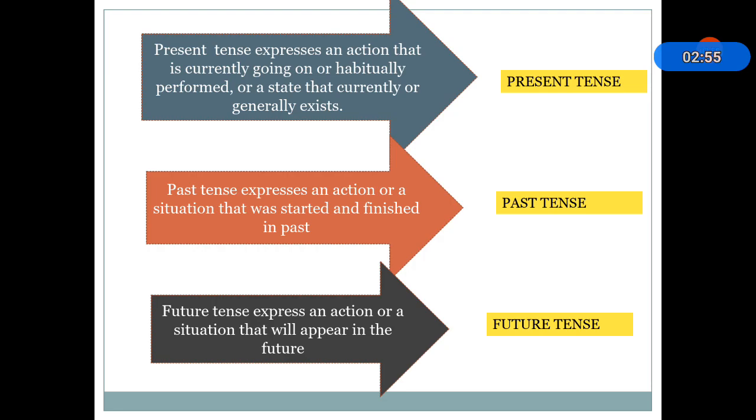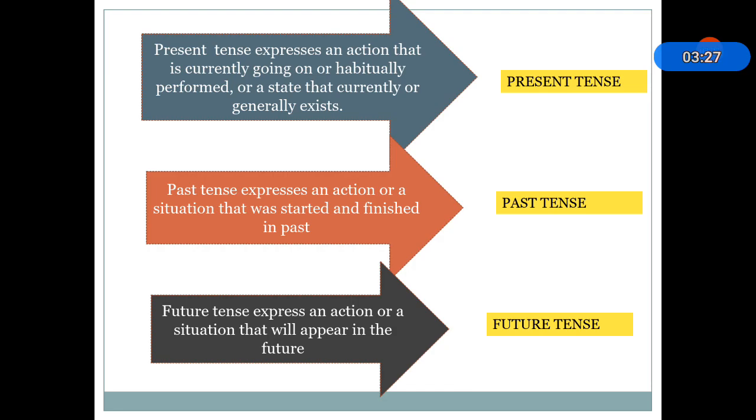Present tense expresses an action that is currently going on or habitually performed, or a state that currently or generally exists. For example, you can say Hari eats a mango. So it is a habitual action, and you can say that it is a present tense.